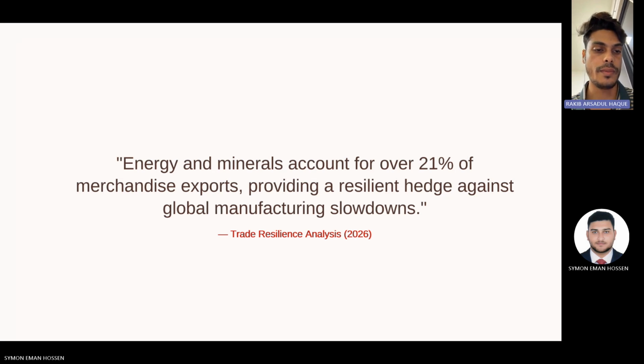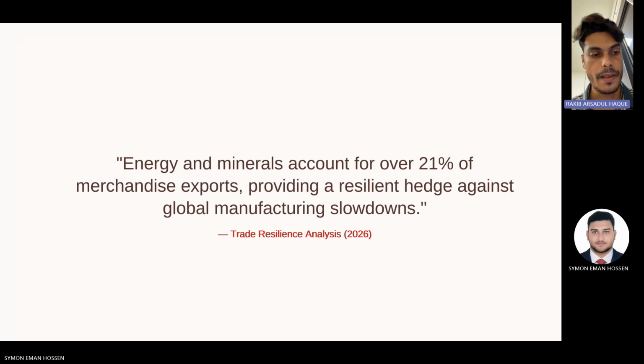While this provides a massive stable market, it creates an asymmetric dependency. However, the value of our resource exports remained robust in the last fiscal cycle.